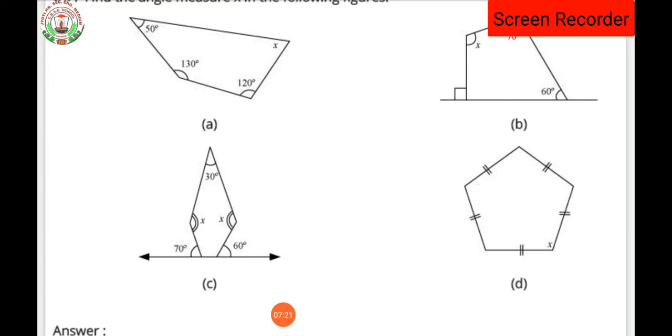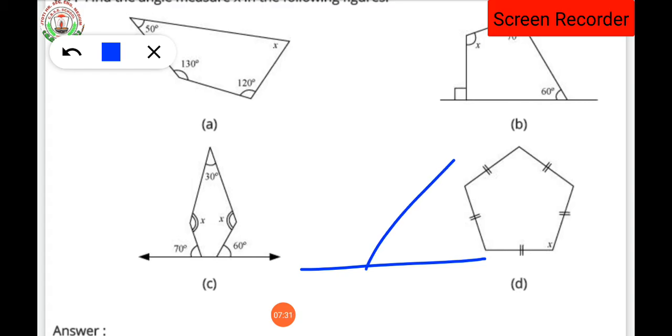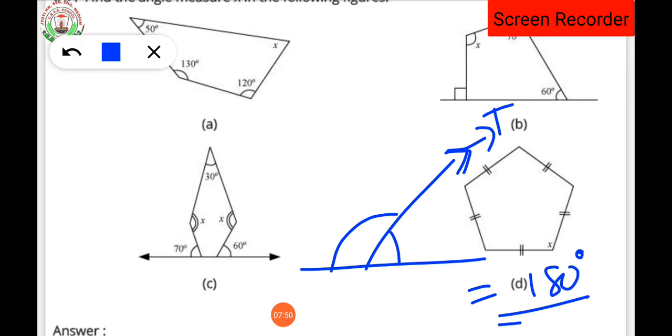So here first we have to use the linear pair axiom. Do you remember, last year we studied the linear pair axiom: if there is a straight line and another intersecting line, this one, or we can say a transversal, when it intersects the line, two angles are formed, and the sum of the two angles is equal to 180 degrees.